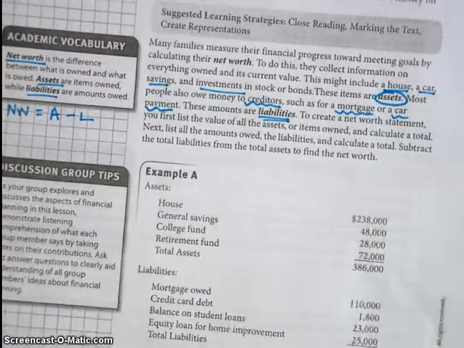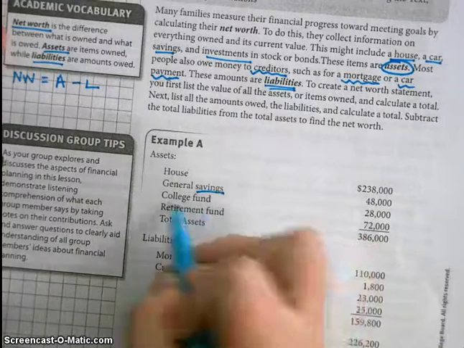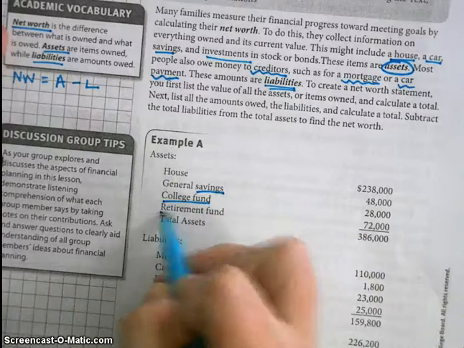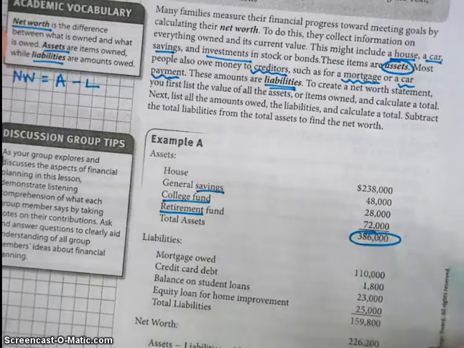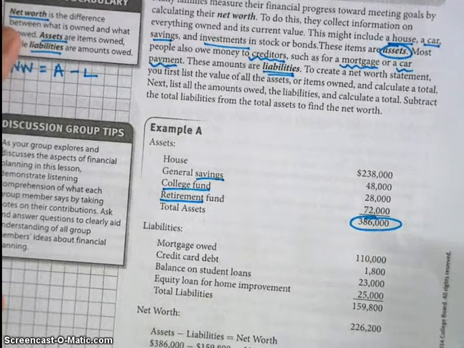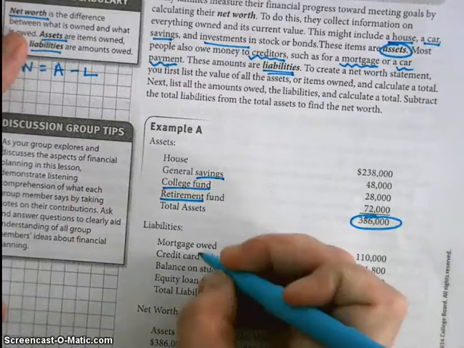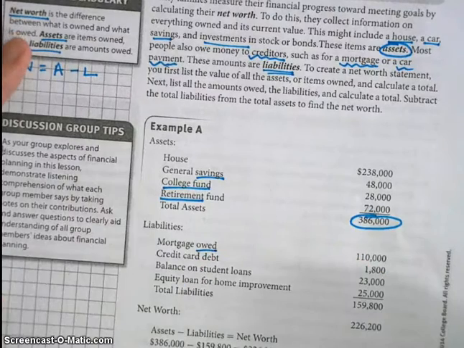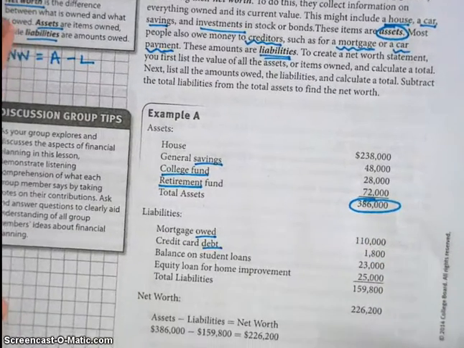Here, for assets in this net worth statement, they have a house, savings, a college fund, retirement money, and then a total assets. That's all of their assets combined. Again, liabilities are things that we owe money on. So here, mortgage owed, that's how much they owe. A credit card debt means they owe on their credit card.